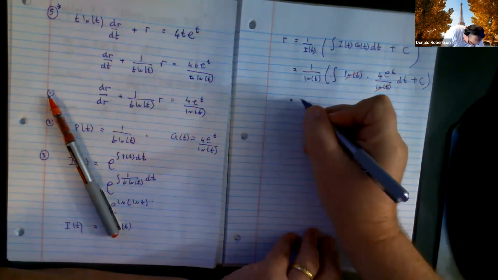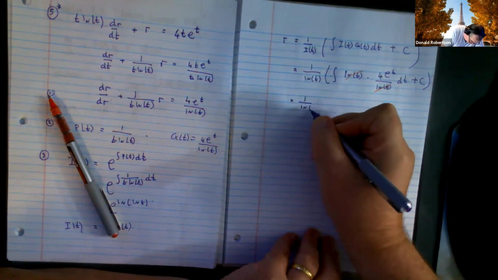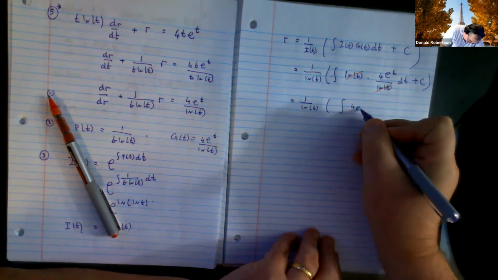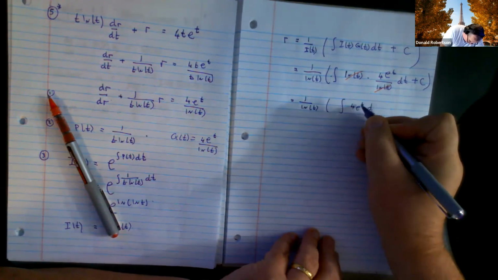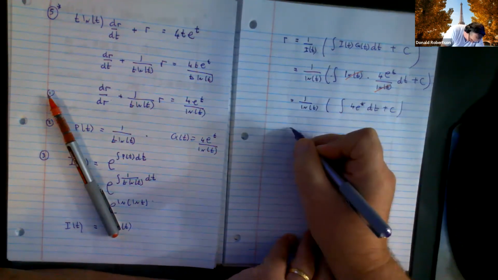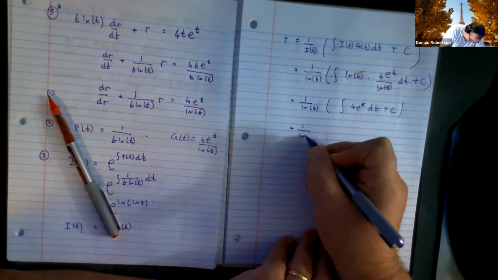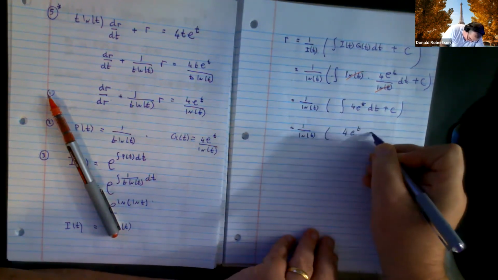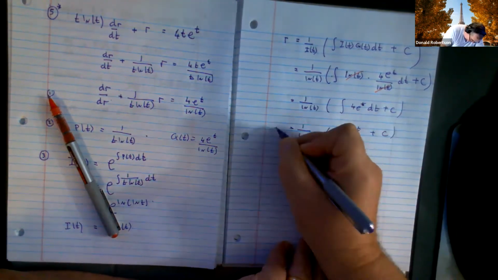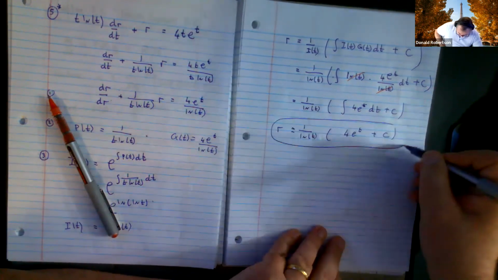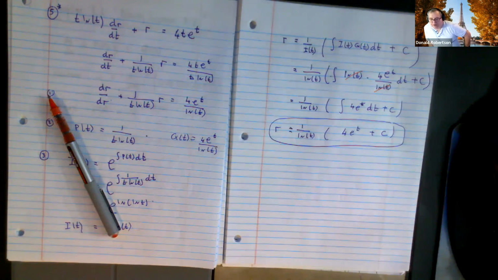And so we now have 1 over the natural log of t, the integral of this fella. He's easy to do. For e to the t plus c. And I would say that there's really not anything that you can do to that in style points. That's probably as good as it's going to get.